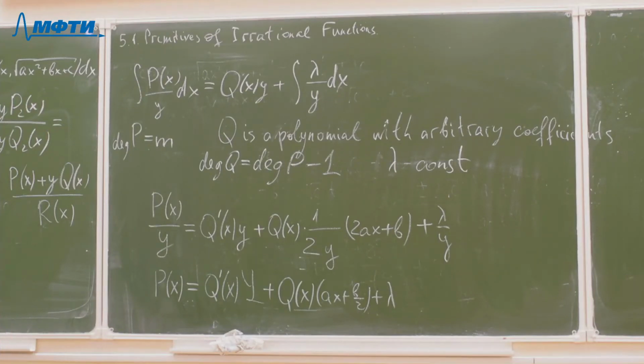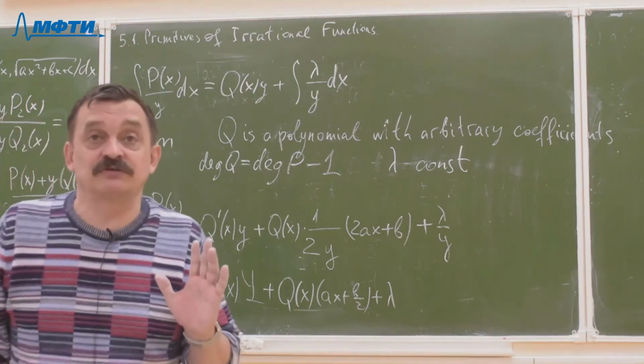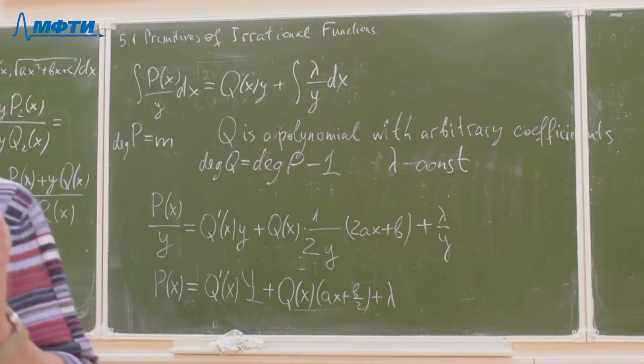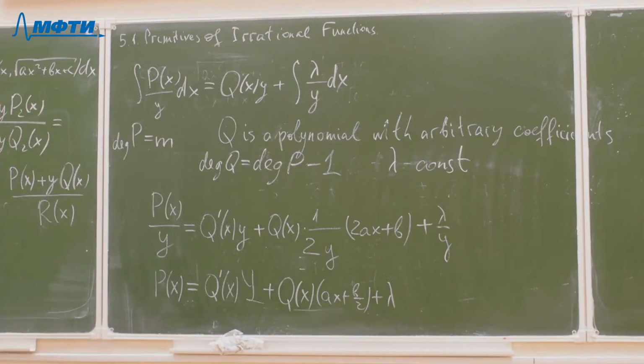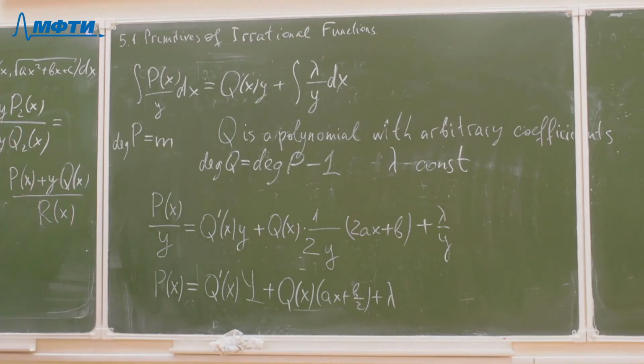Okay? So, in practice, what I recommend for computing integrals of that form is this. You should know about Euler substitution, that they exist, right? But I recommend you try to represent the integral in that form.